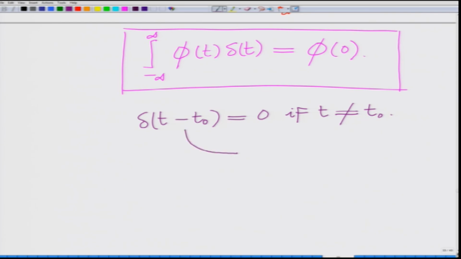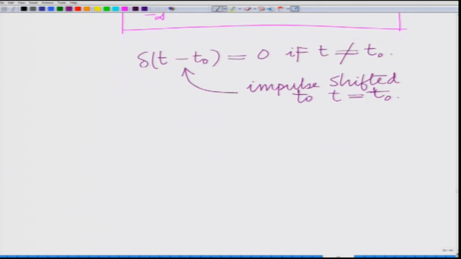This is the impulse shifted to t equal to t naught.